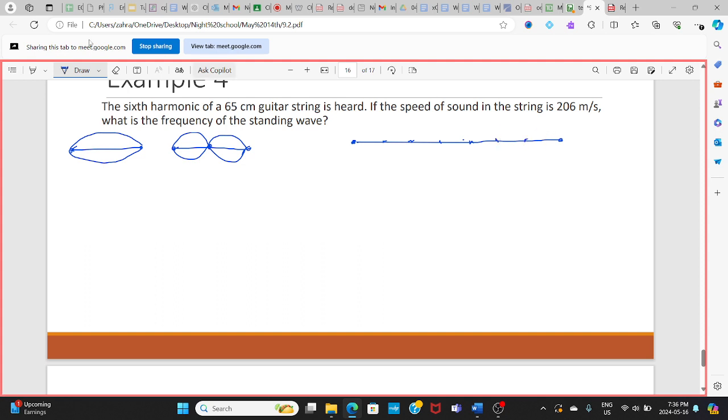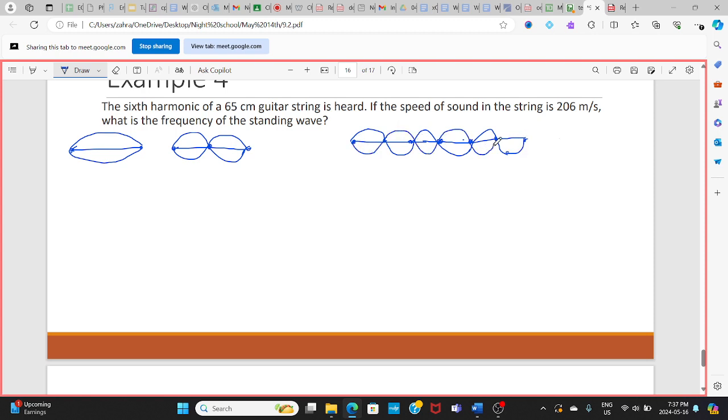Okay, so I need to erase the rest here, maybe. Just draw. Okay, one, two, three, four, five, right? Six.